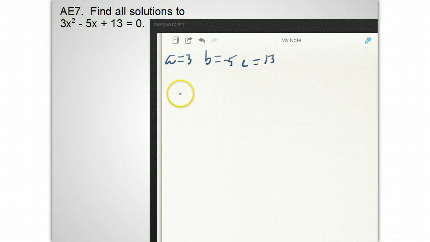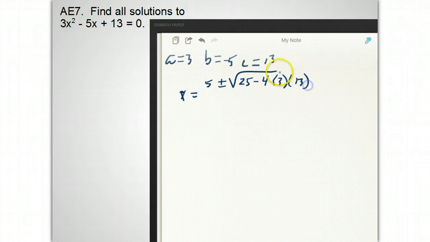So x equals the opposite of b, let me fix that with an eraser. x equals the opposite of b, which is 5, plus or minus the square root of 25, that's b squared minus 4 times a times c, all divided by 6.